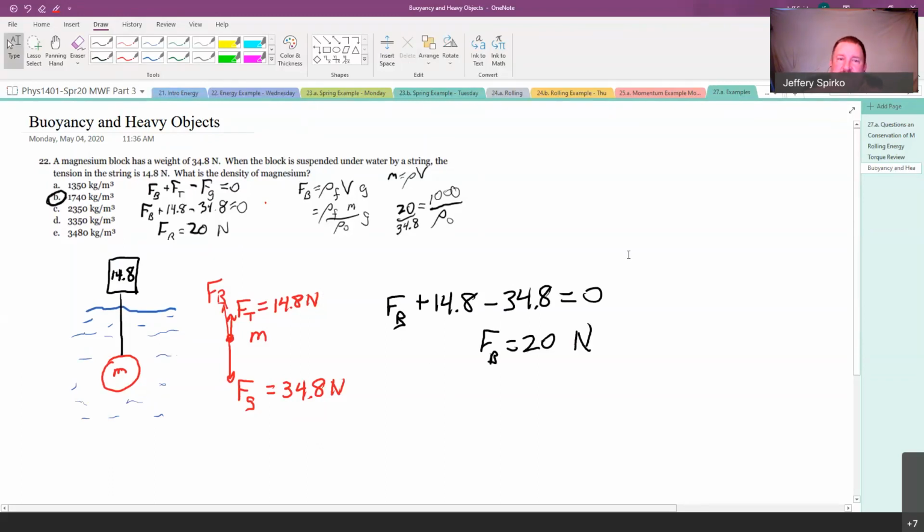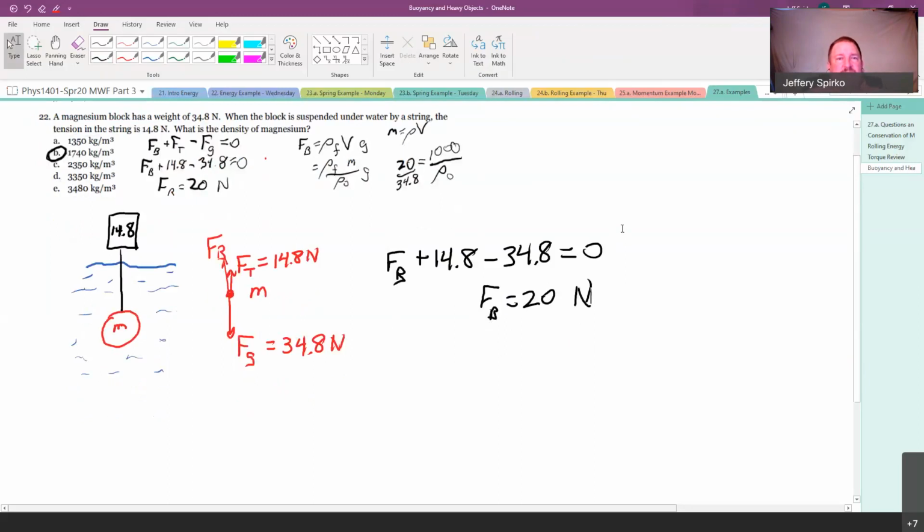Now we want to relate that to the density of the object, because that's what we're being asked about. And the formula we use to calculate the force of buoyancy is that the force of buoyancy is the density of the fluid times the volume displaced times g.